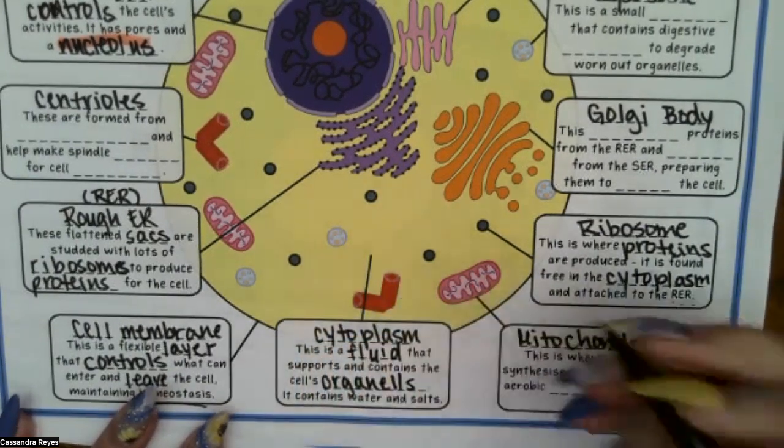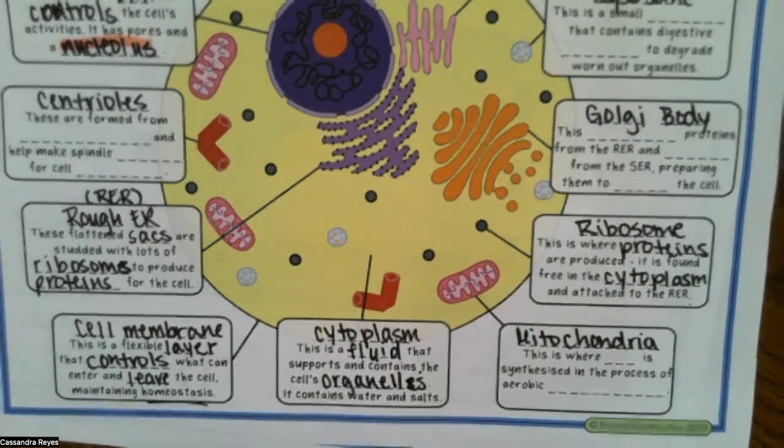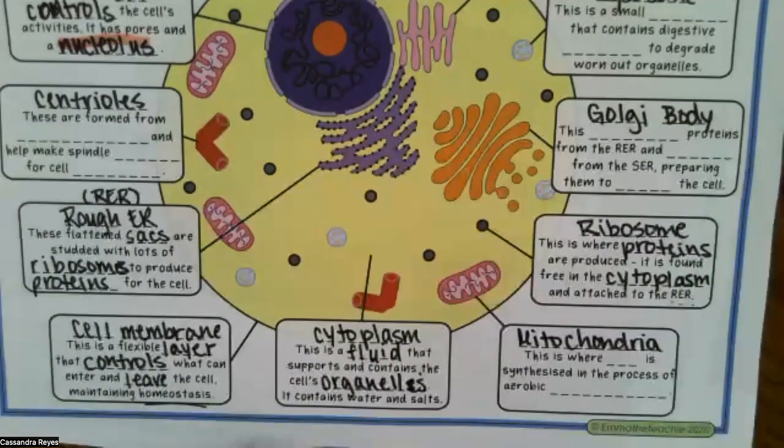And when I say organelles, I want you to think of a word that is very close to this word. Think of it. I know that you guys are really smart, so I'm just going to assume that you did say organ. So your organs, think of like your heart, your lungs, your skin.